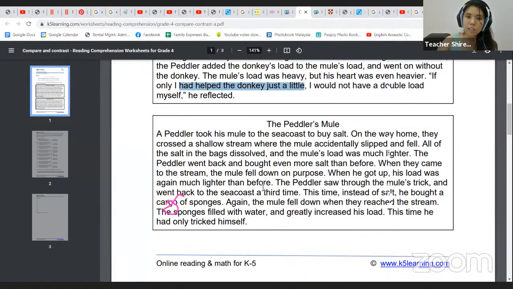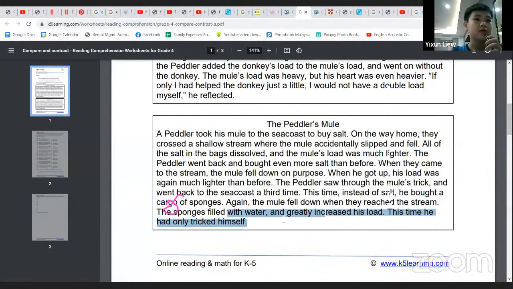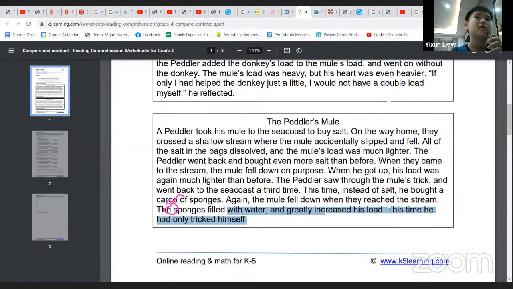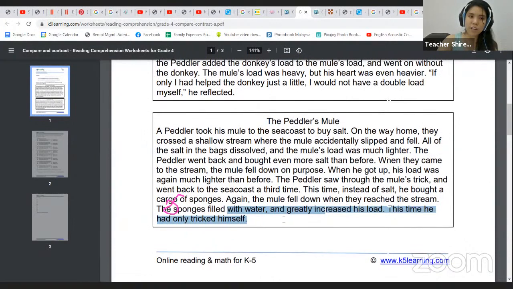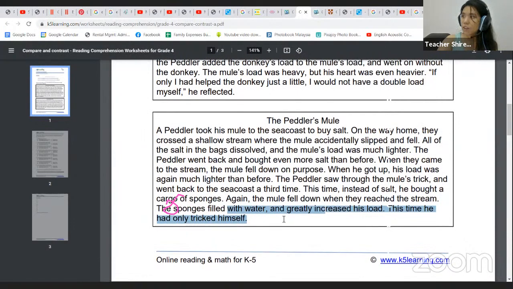The second story, did he feel sorry again or not? The mule fell down and greatly increased his load. This time he had only tricked himself. Right. So which also means he feels sorry as well.